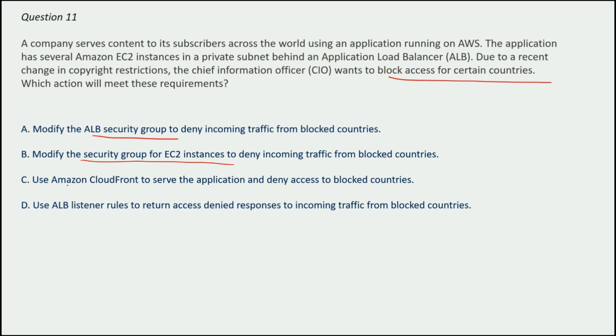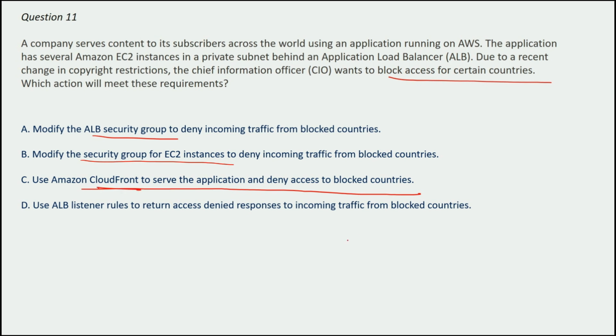And now Amazon CloudFront to serve the application and deny access to blocked countries. So basically what happens if you use CloudFront? Typically it serves the requested content regardless where user is located. But if you need to prevent the specific countries from accessing your content, you can use this same CloudFront with geo restriction.